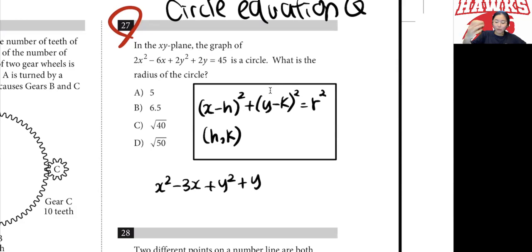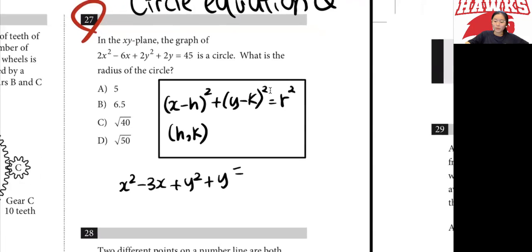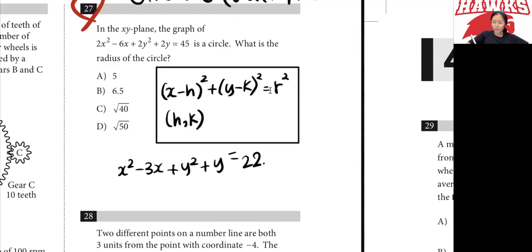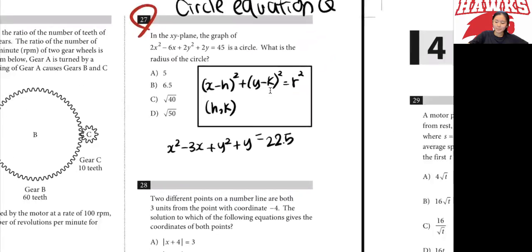Oh, and I forgot to mention, we don't want coefficients on the squared terms, and everything else is okay. For example, this minus 6x is okay because the x is not squared. So 45 divided by 2 is going to be 22.5.